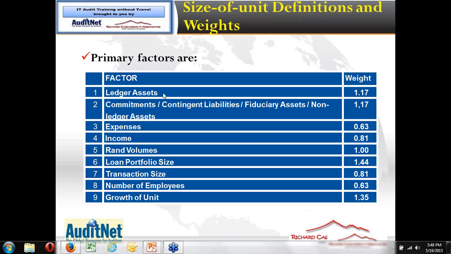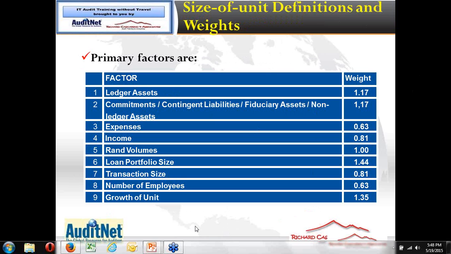Risk factors include, for example, ledger assets, commitments, contingent liabilities, fiduciary assets, non-ledger assets, expenses, income. In South Africa, it'd be rand volumes. In America, dollar volumes, loan portfolio size, transaction size, perhaps the number of employees, perhaps the growth in the unit.